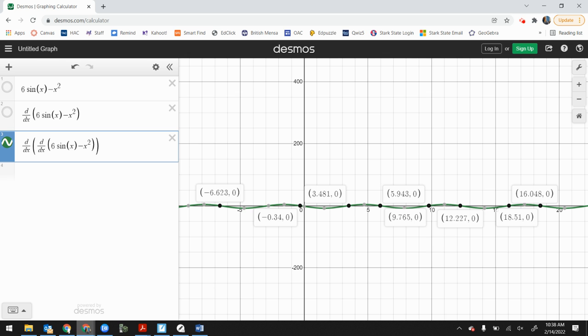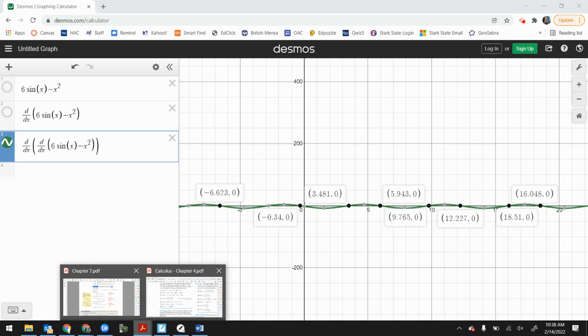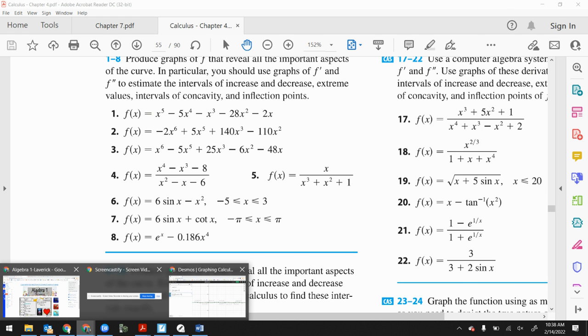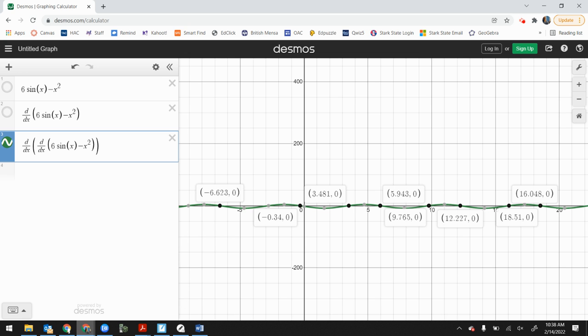Did it give just the domain to work with? Yeah, from -5 to +3. So really, I was only focused on from here to here, right? So there's only just those inflection points happening.